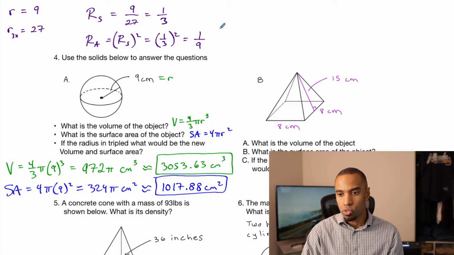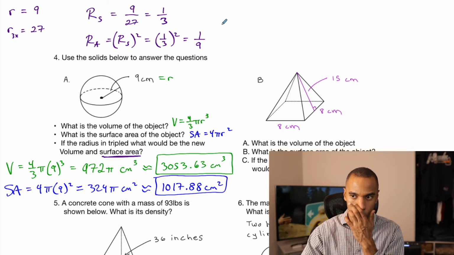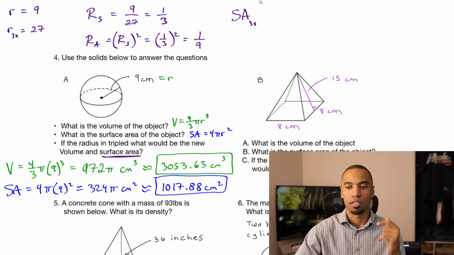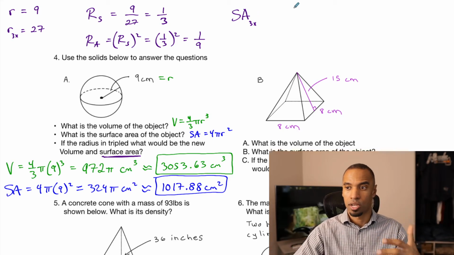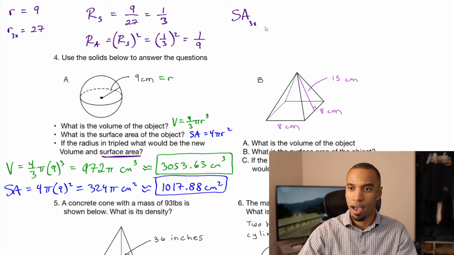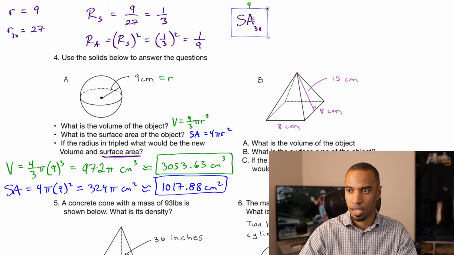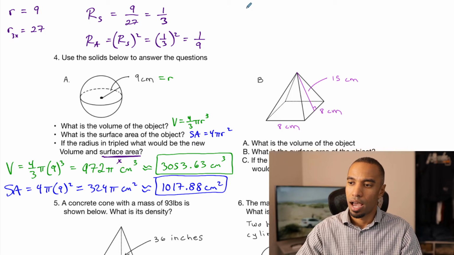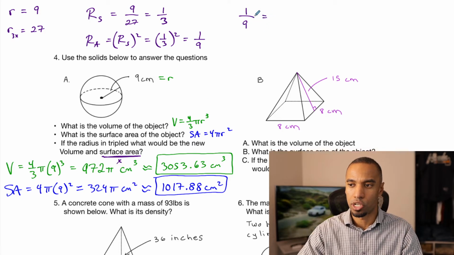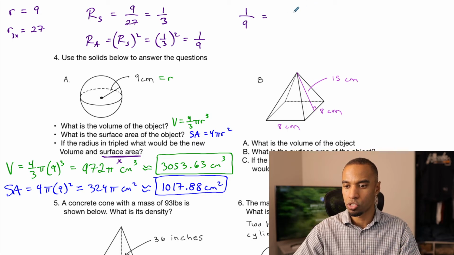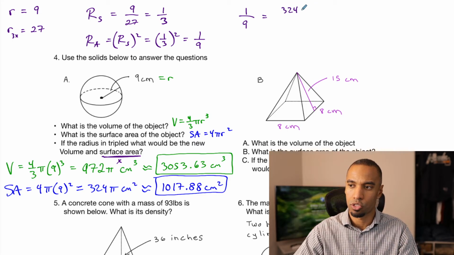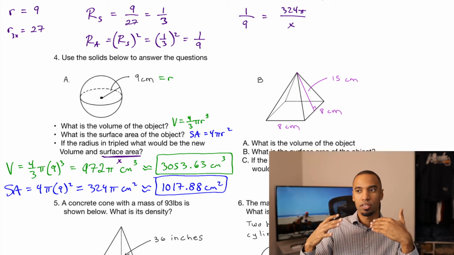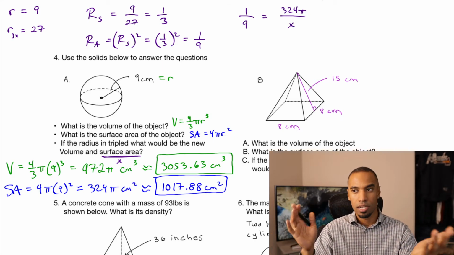So my new surface area for the object with 3 times larger lengths is going to be found, let's see, I'm just going to call it X. I go 1 to 9 with that ratio, whatever my original surface area of 324 pi was, I'm going to make it 9 times larger.